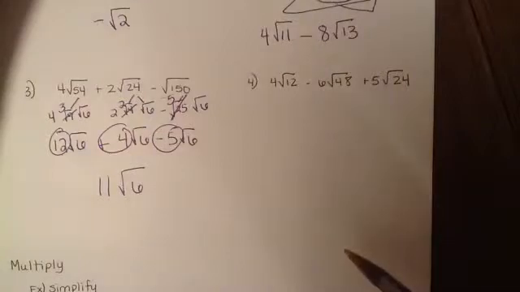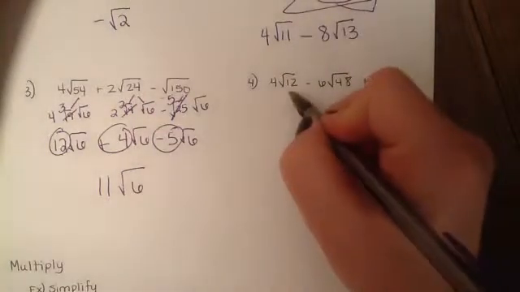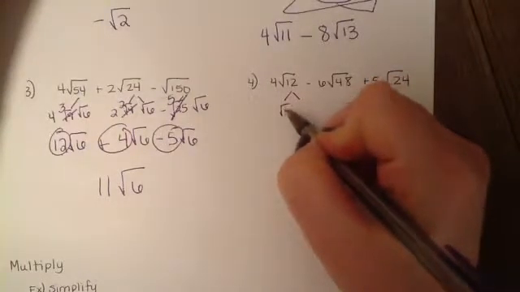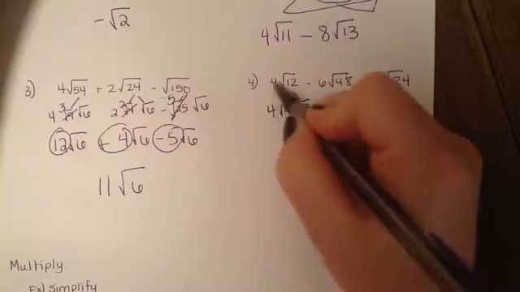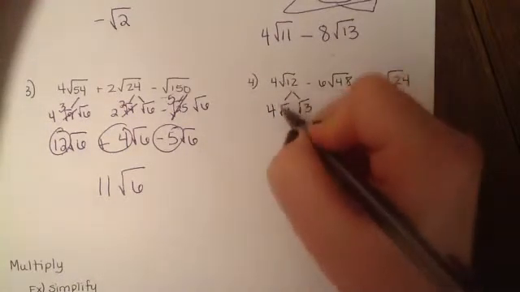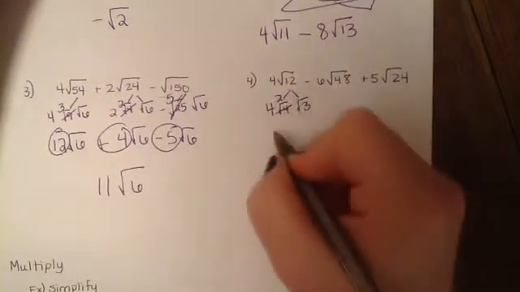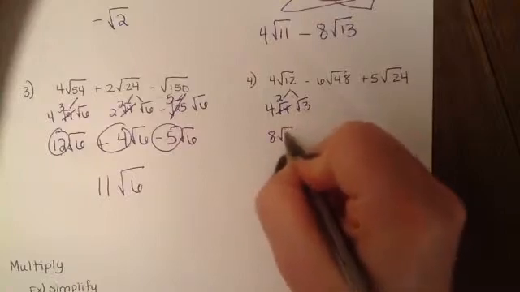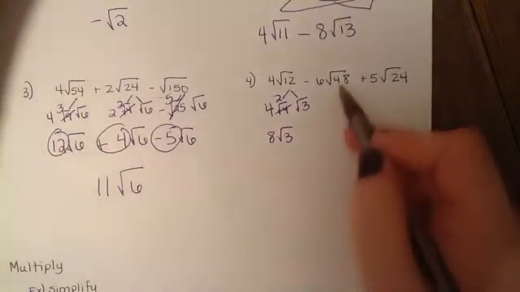Let's see how you did. Could you break up root 12? Square root of 4, and square root of 3. Bring down the 4 out front. What is the square root of 4? 2. 4 times 2, 8 root 3. What about 48?